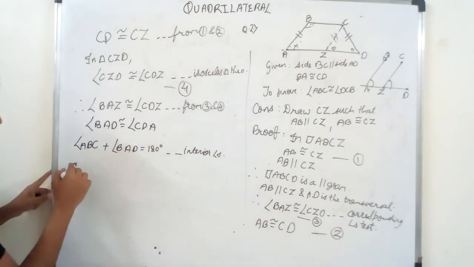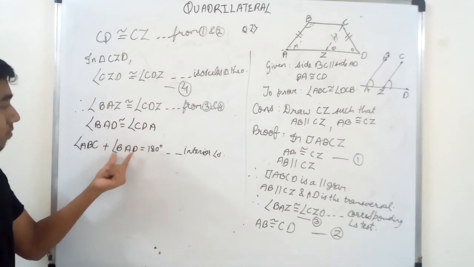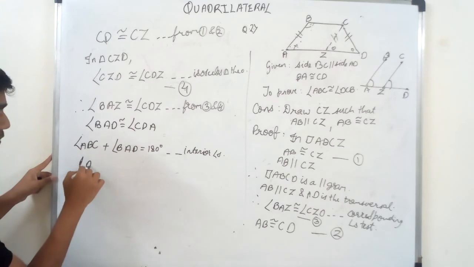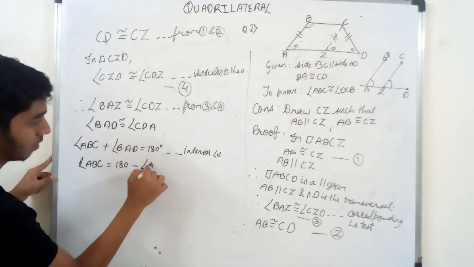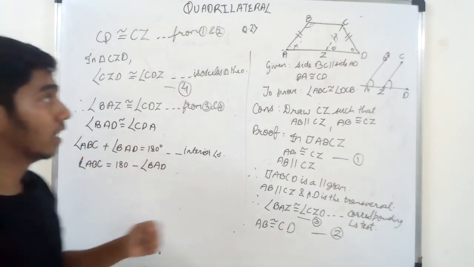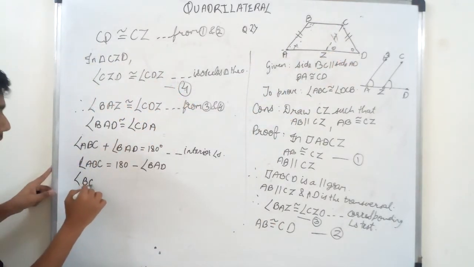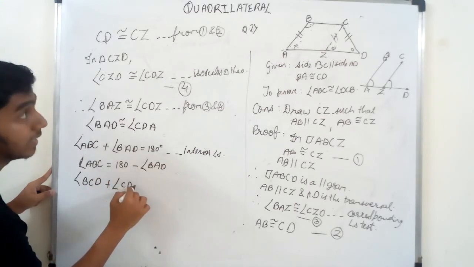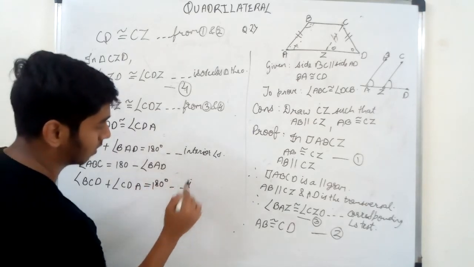So first of all let's take this. Now BAD, what is BAD? Sorry, ABC, right? So this is what we need to get. ABC is equal to 180 minus BAD, correct? This is what we get from this. Now let's take these two interior angles. So it will be BCD plus CDA is equal to 180 degrees, correct?